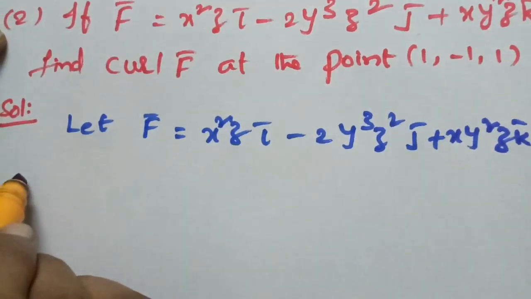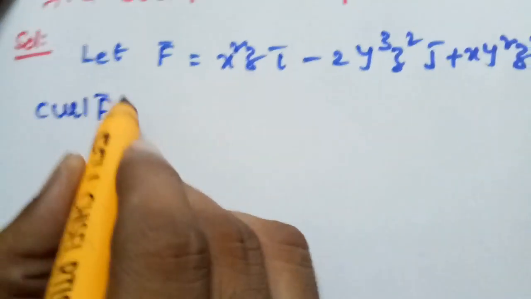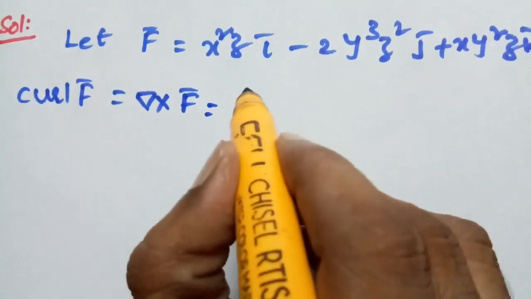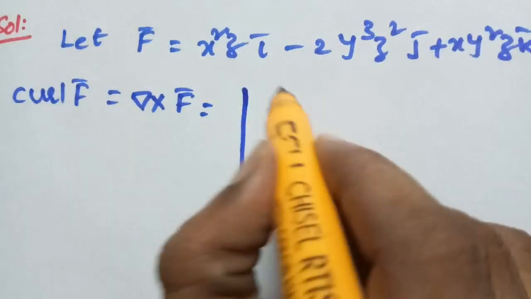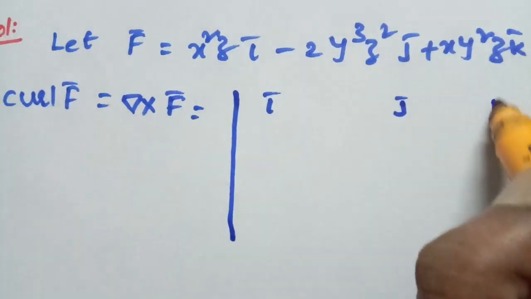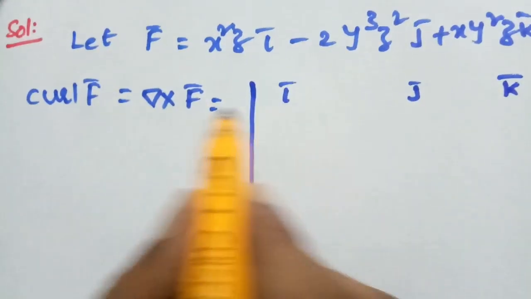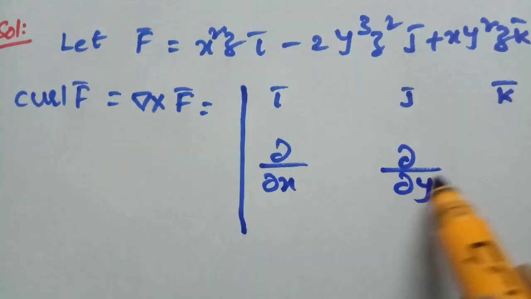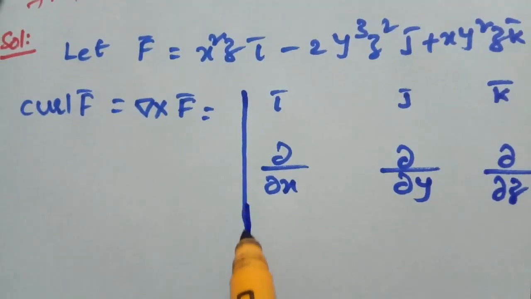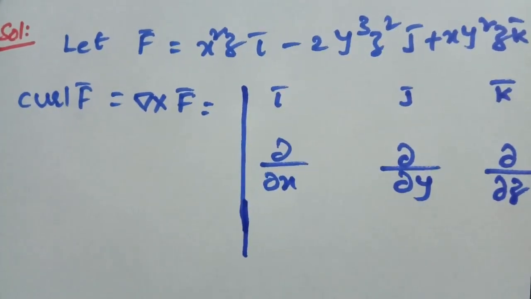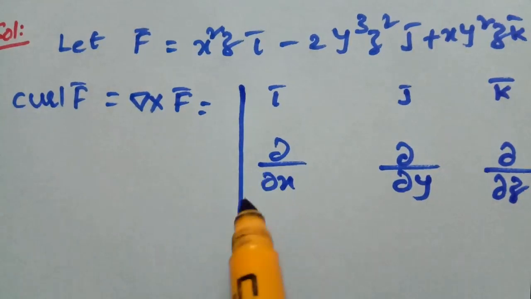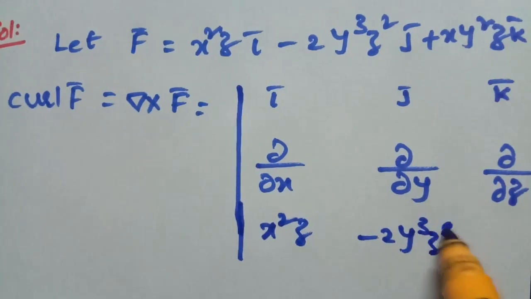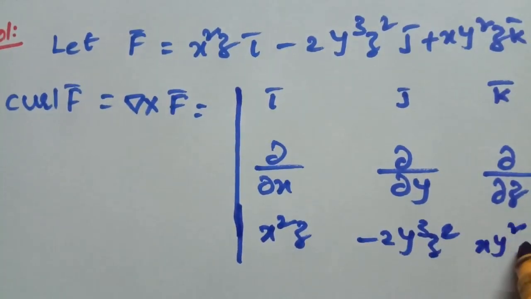Now curl F bar, that is equal to del cross F bar, equal to determinant of i bar, j bar, k bar, then components of del: dou by dou x, dou by dou y, dou by dou z, and components of F bar: x square z, minus 2y cube z square, x y square z.